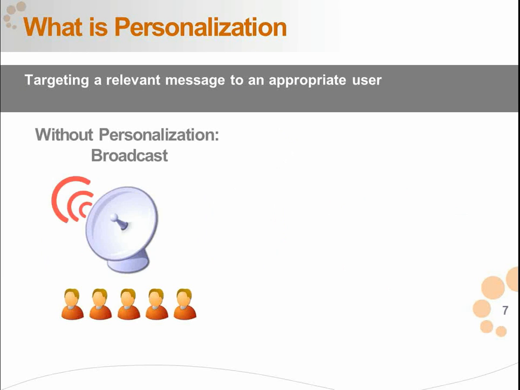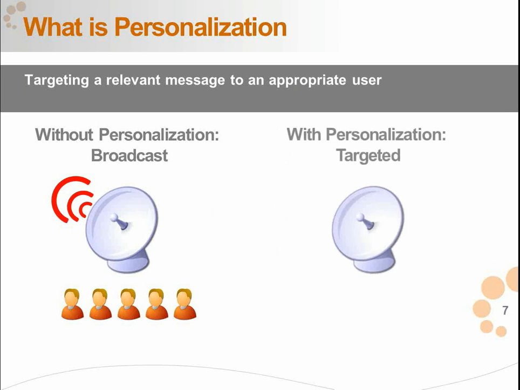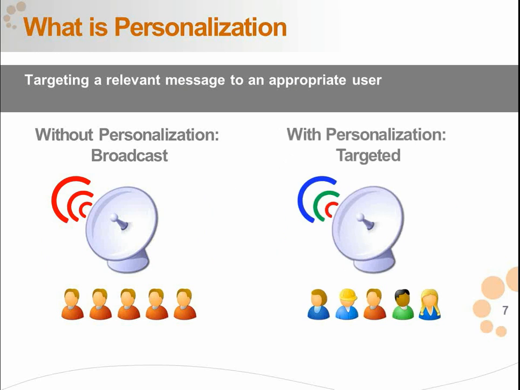Okay, it's a broadcast. Everybody is the same. With personalization, we're targeting a particular message to different users of the website. The message is personalized, hence the term personalization. Okay, so we understand who the person is, and then we can present things a little bit different to you to try to engage you more.